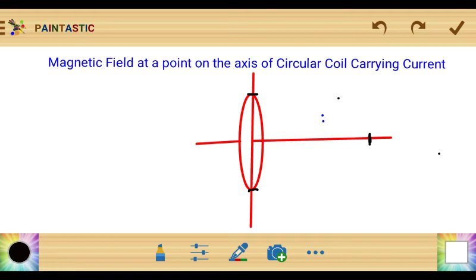Why have I chosen this? Because of the symmetry. So let's take that current element AB, and this one A dash B dash, current element.